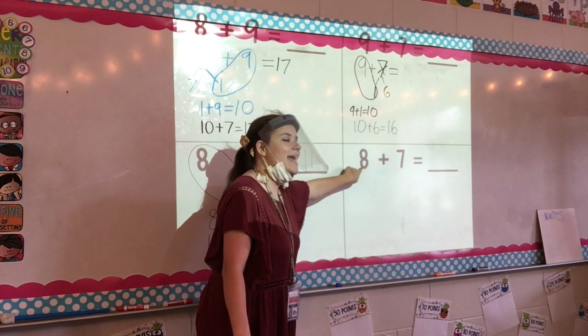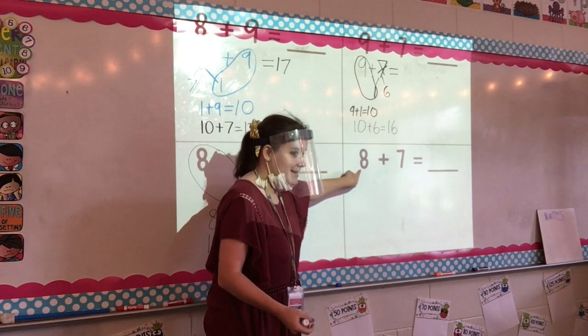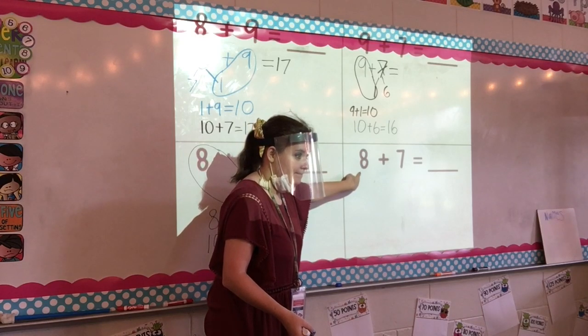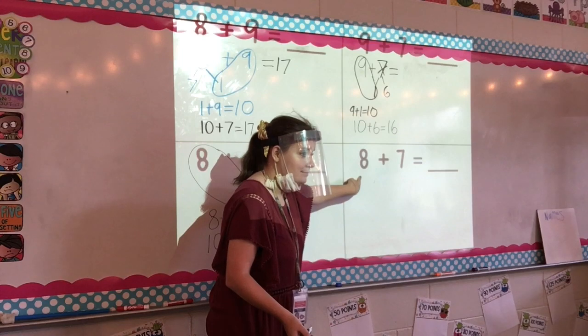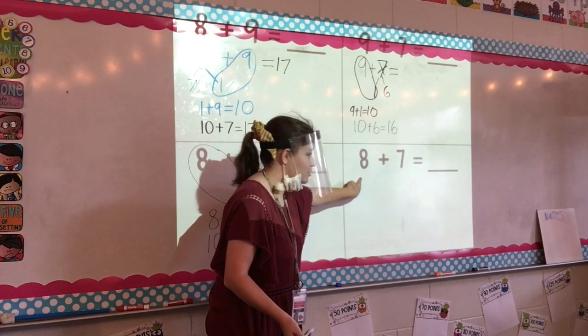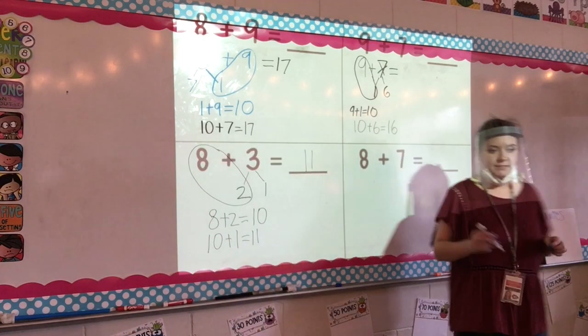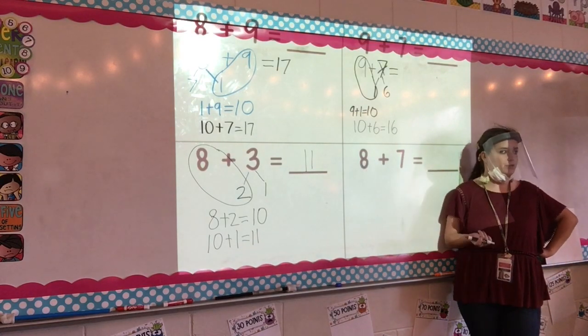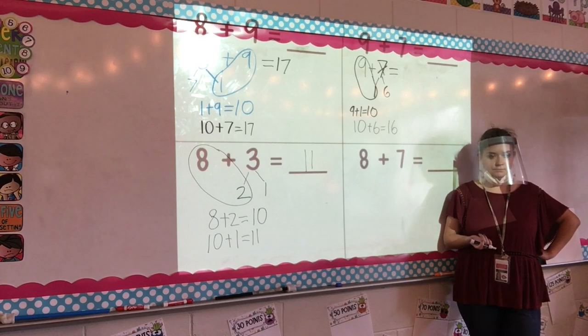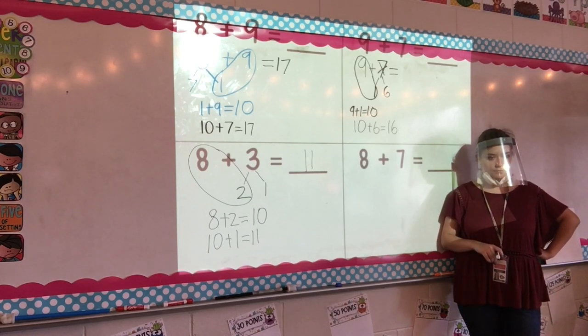So what does 8 need to make 10? So what's my first step? 8 needs 2, so how am I going to get a 2? What am I going to do to this 7 to get a 2?